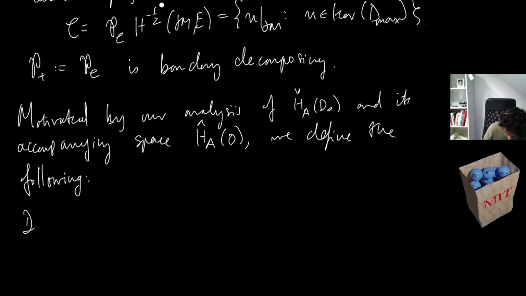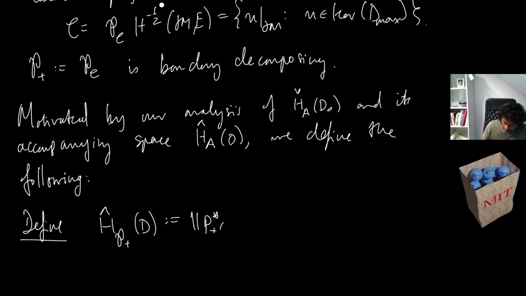Define H hat of D now to be equal to P plus star of U in, well, what am I doing? This is a norm I'm writing.